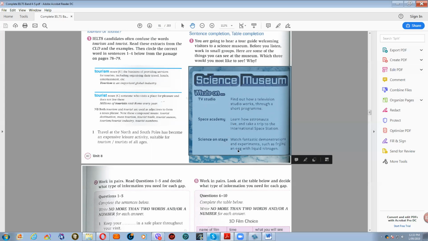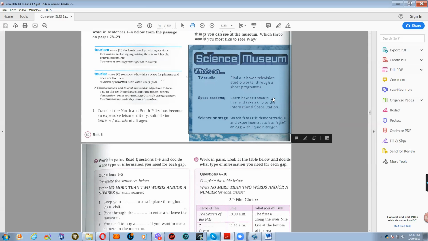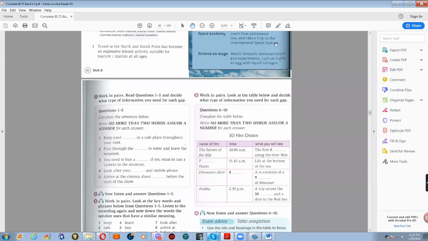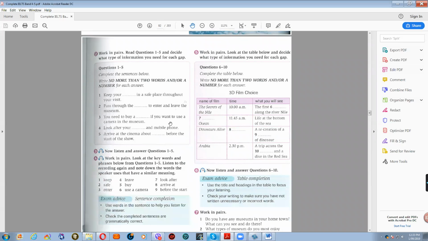Well, I'm really not into science, so I guess I would like to see a TV studio, find out how a television studio works, like behind the scenes. Yeah, I think that would be very interesting. I'm into science, so I'd go and watch that. Okay.